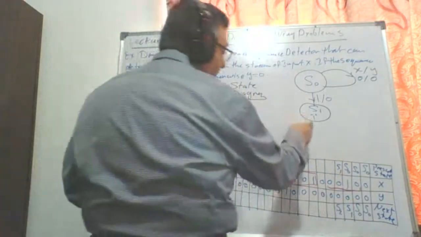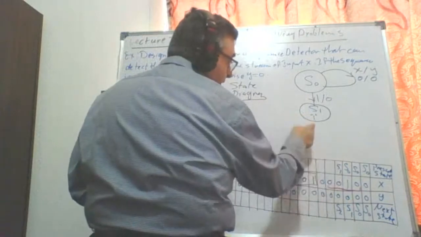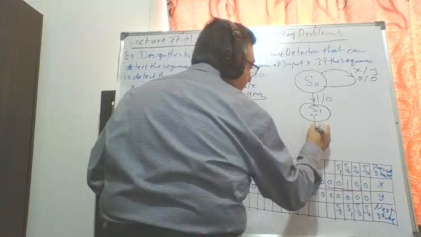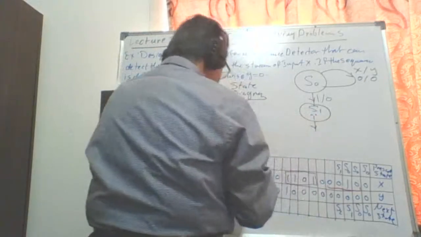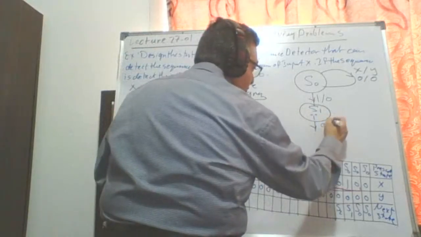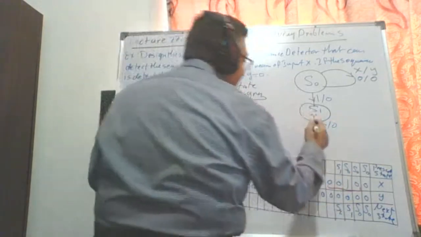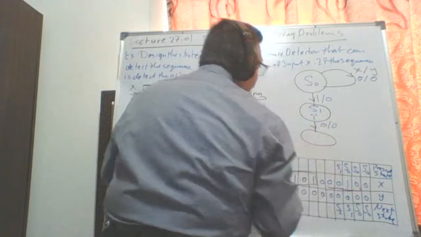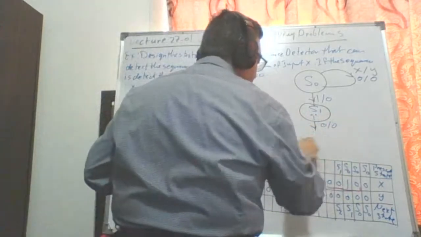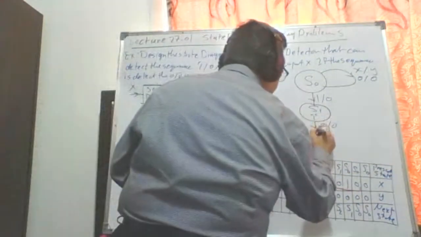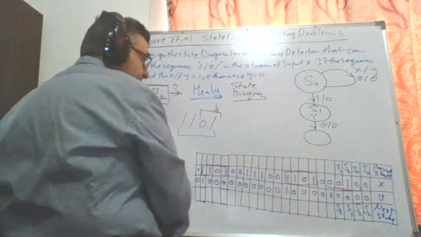Okay, so if I am in S1 and I receive 0, that means x equals 0. Y will also stay 0, but I cannot stay in state S1.